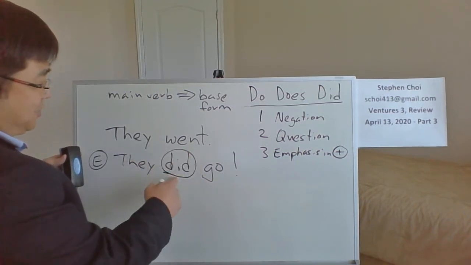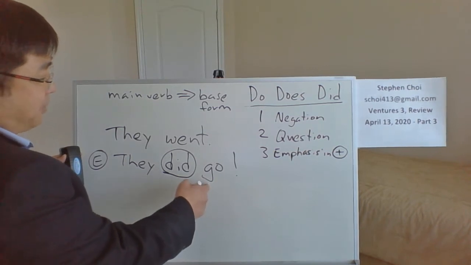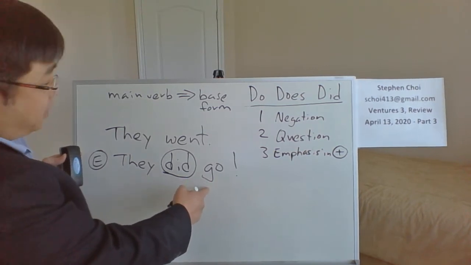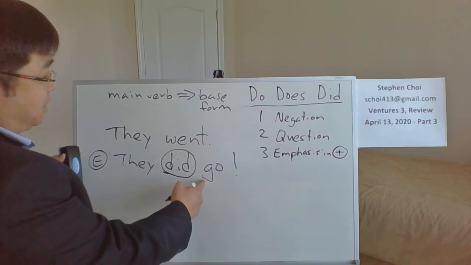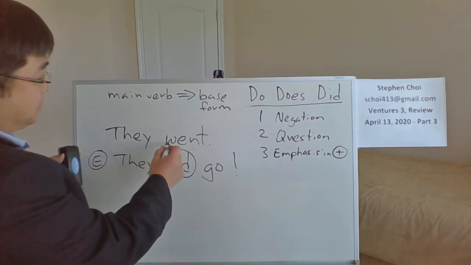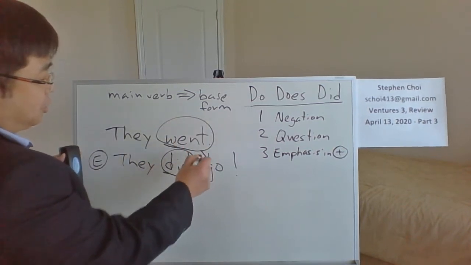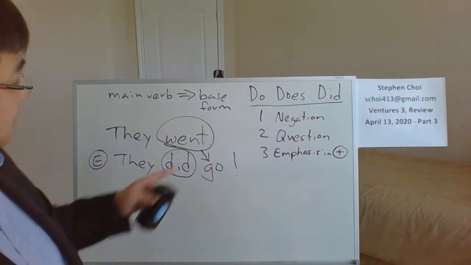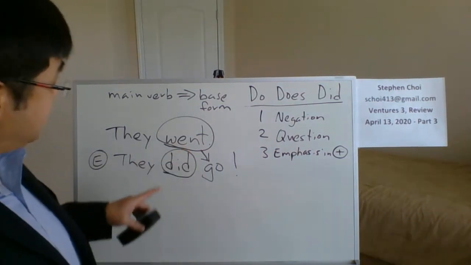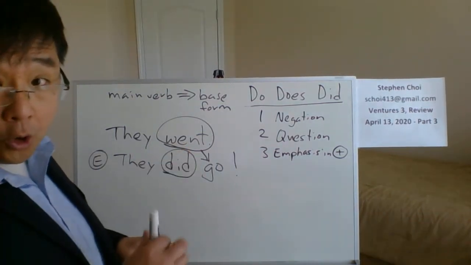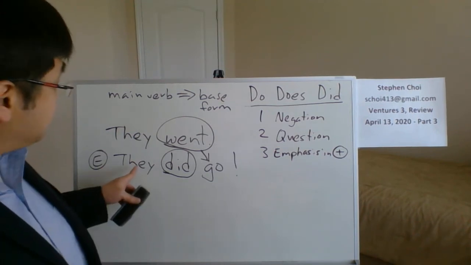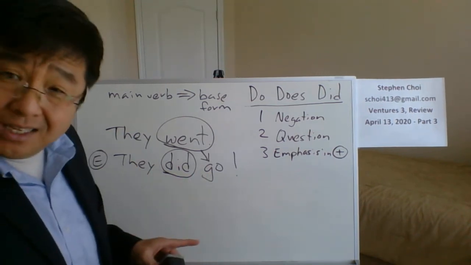Because of did. When you use do, does, did, the main verb has to go to the base form. And what's the base form of went? Go. Went is a past tense form, right? It's go, went, gone. So yes, they did went.